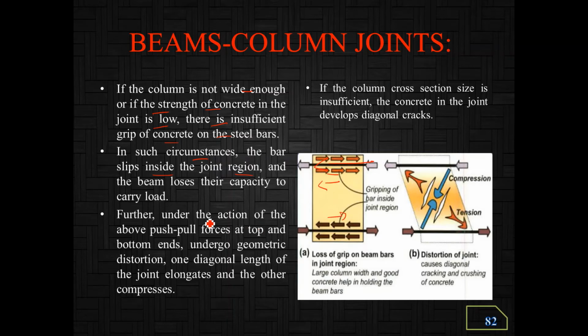Further, under the action of the above push-pull force, the joint undergoes geometrical distortion: one diagonal length of the joint is elongated and the other is compressed. Okay, one is tension and the other is compression at the beam column joint.